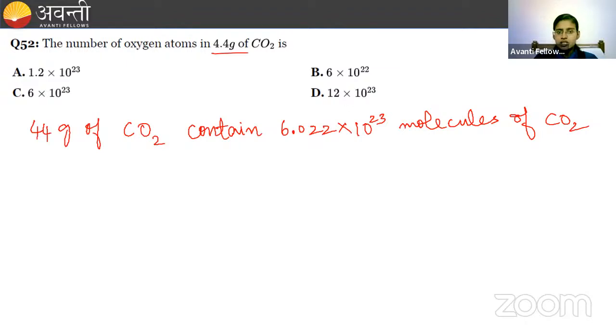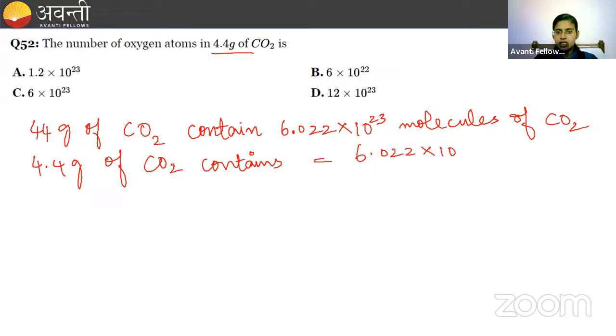Now, in the question, it is given that 4.4 gram of carbon dioxide. So 4.4 gram of carbon dioxide contains 6.022 into 10 to the power 23 divided by 44 gram of carbon dioxide into 4.4 gram of carbon dioxide.